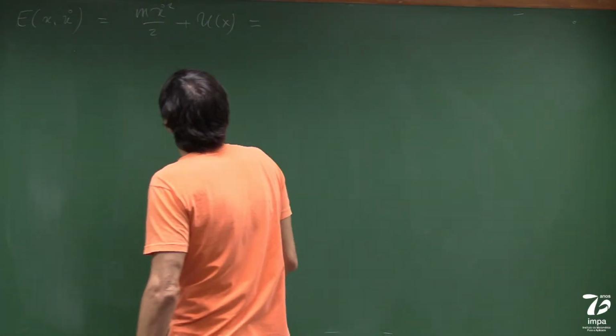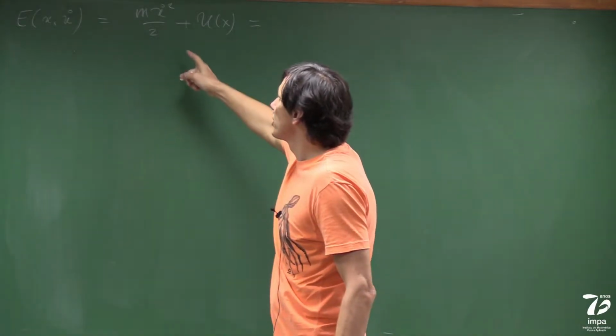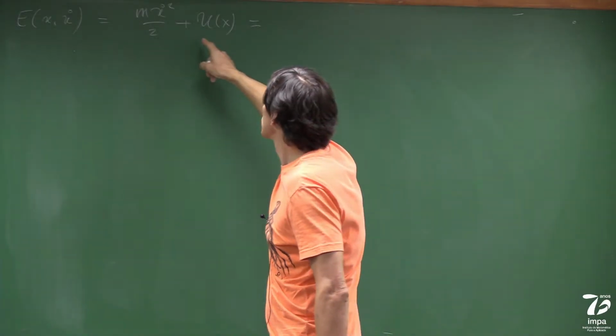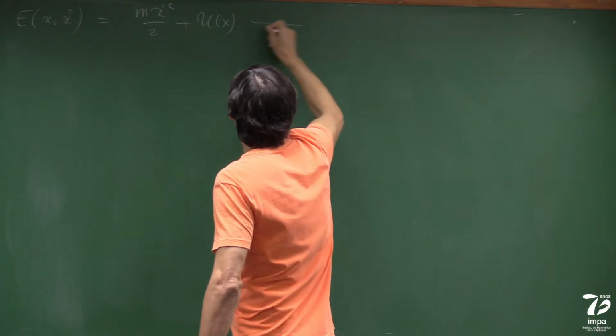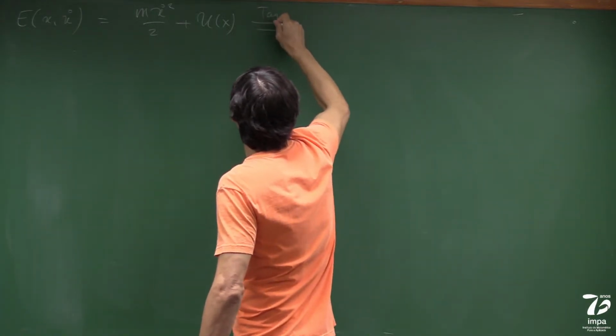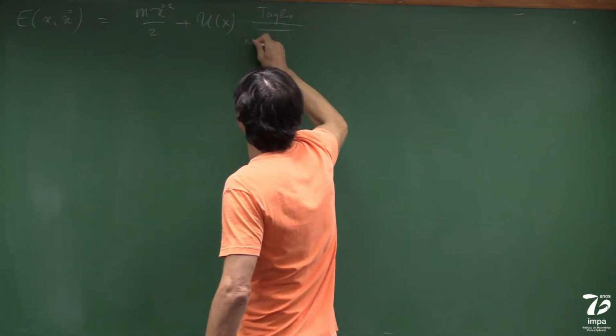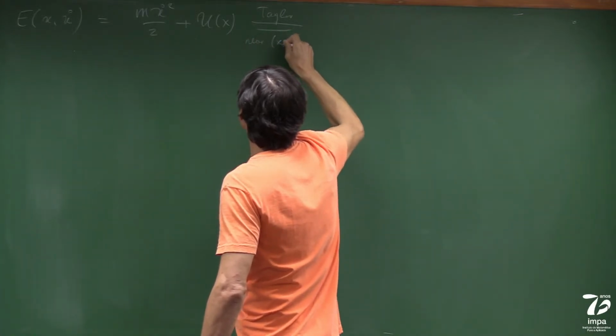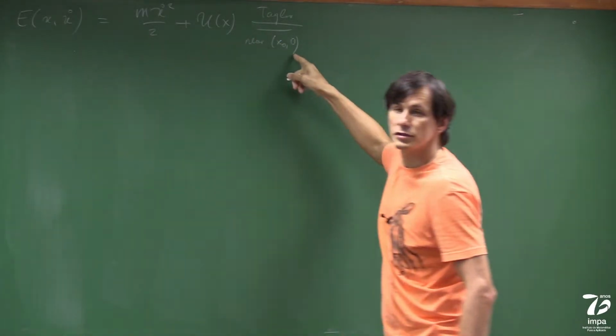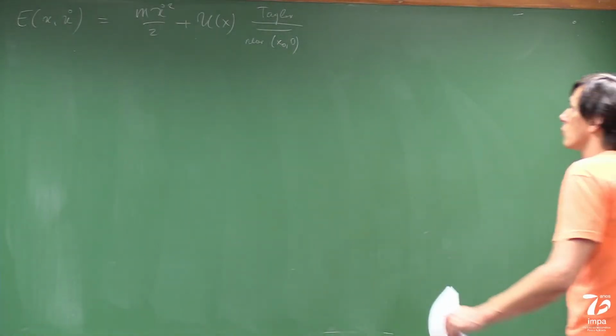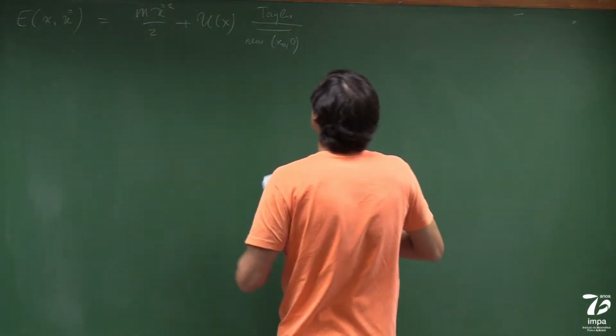At equilibrium this is 0. So also we take the Taylor expansion near x0, 0, because velocity is 0 at equilibrium.